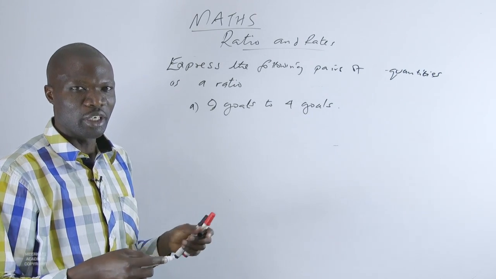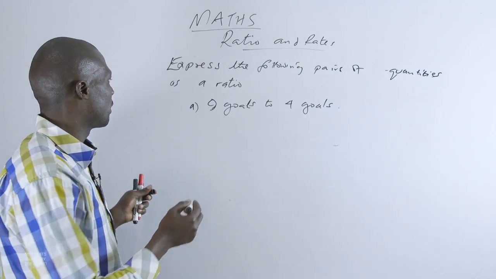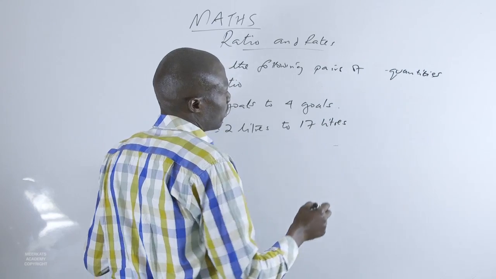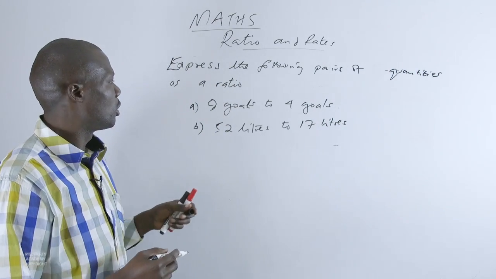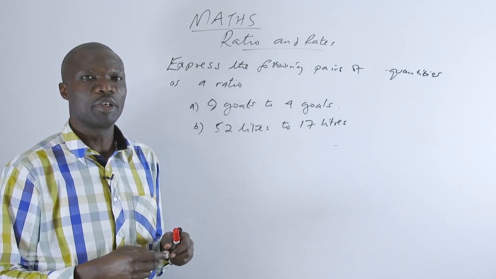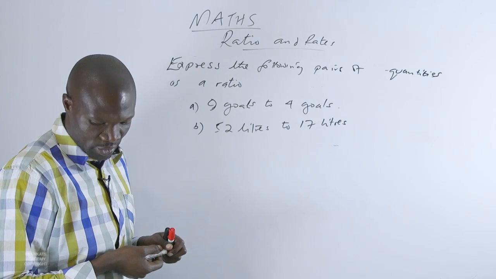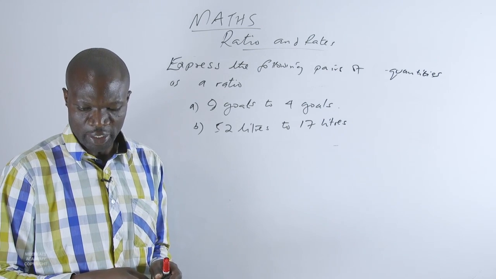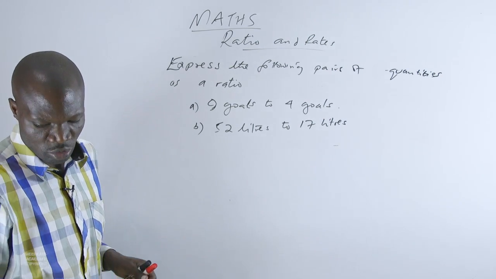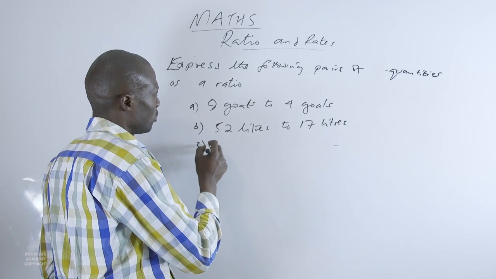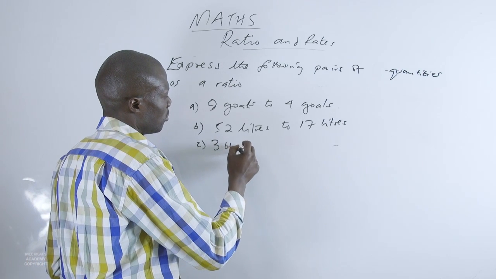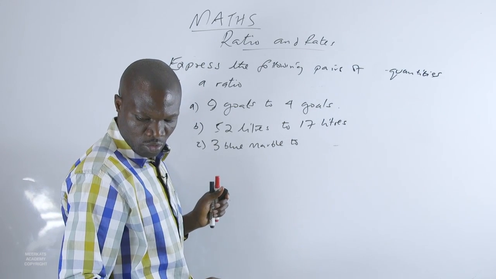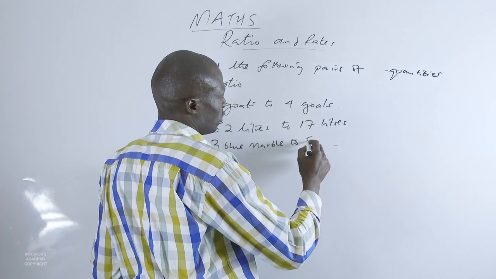Take note of the units if they are looking alike. 52 liters to 17 liters. And finally, 3 blue marbles to 5 green marbles.